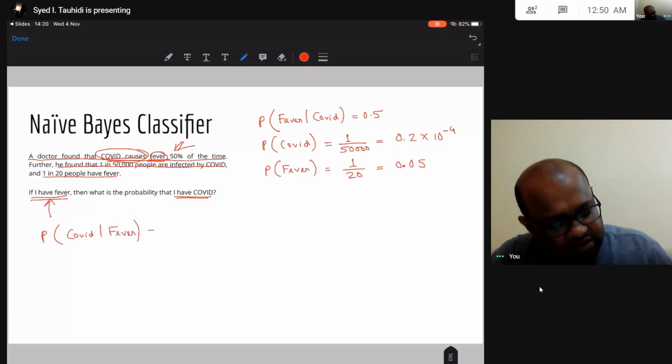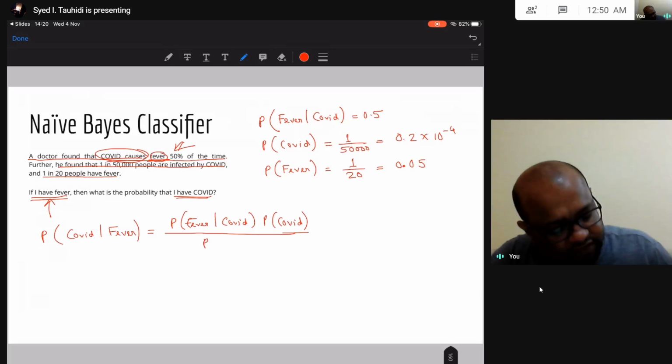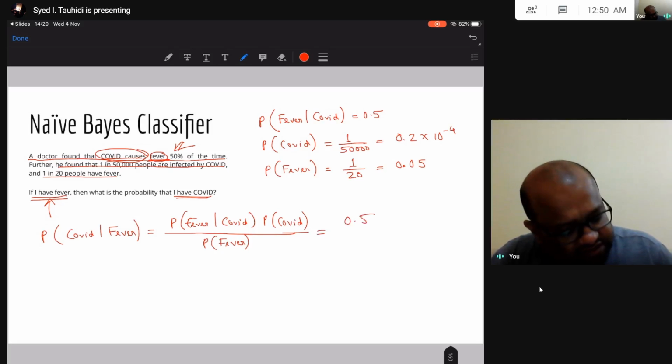Bayes' theorem is going to give us probability of fever given COVID into probability of COVID divided by probability of fever. Alright, and this is equal to 0.5. I get it from here.